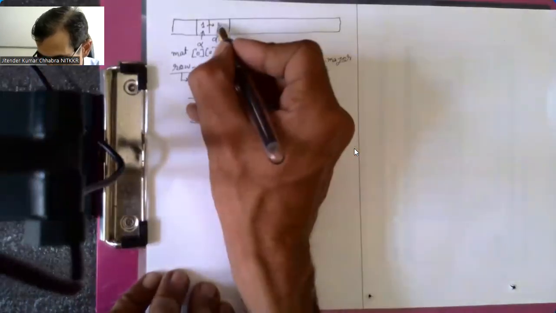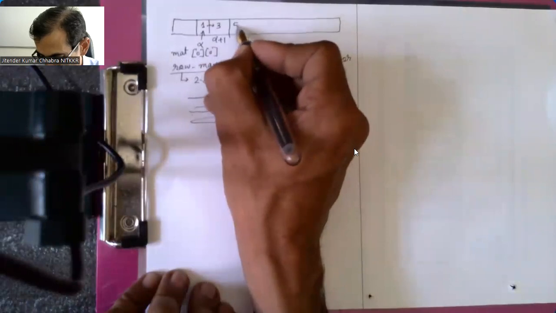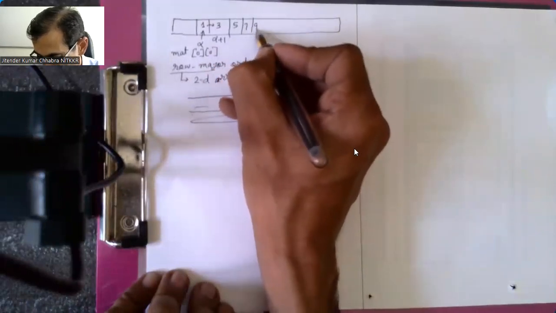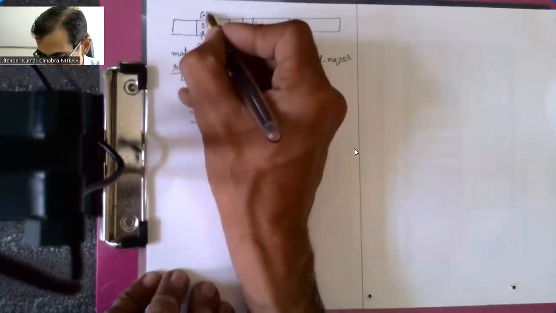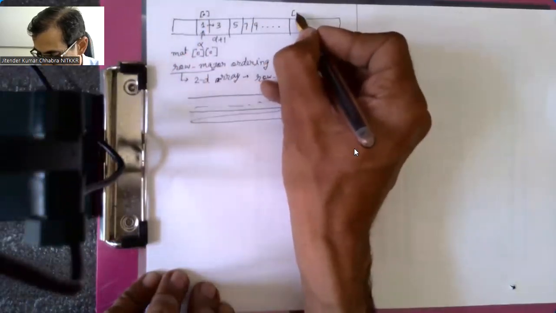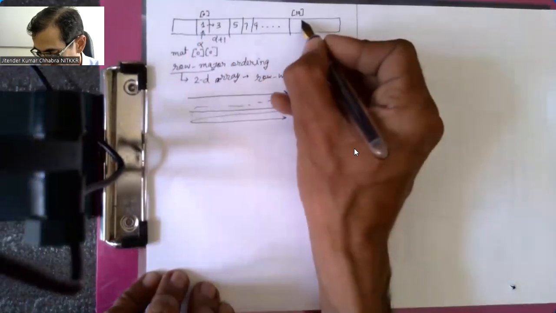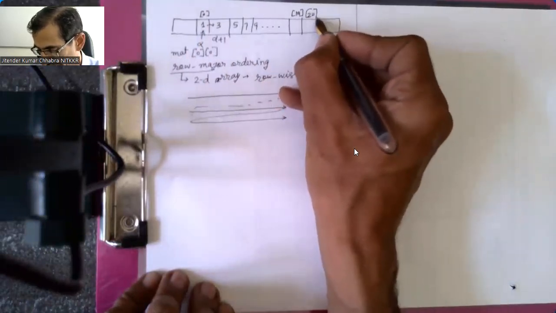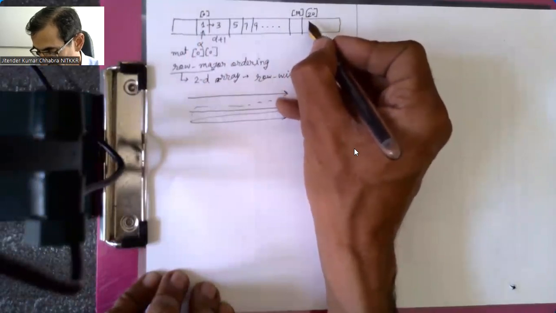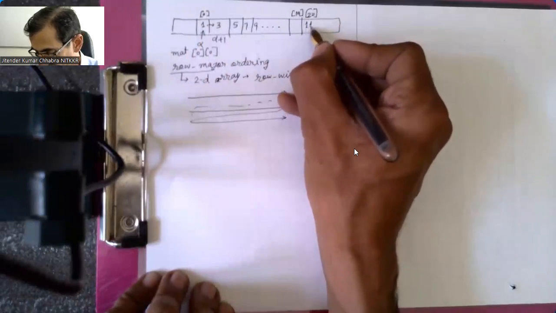Effectively, after 1, 3, 5, 7, 9, and so on, once all 20 elements of this row are complete, then at the 21st element, index 20, I will store 11.